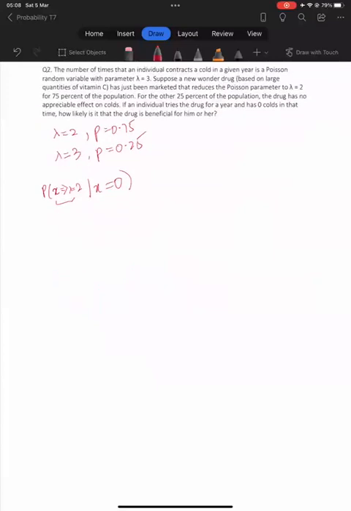We know that they have given that 0 colds happened, and we have to find the probability given this that the drug was beneficial, meaning lambda was 2. This is not formal, you can write anything here, that the drug was beneficial given that X was 0.